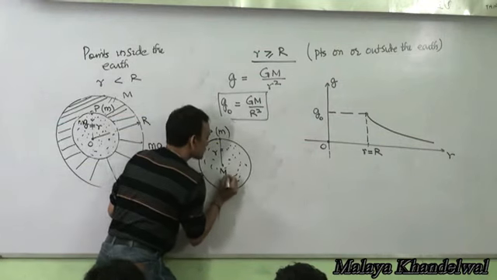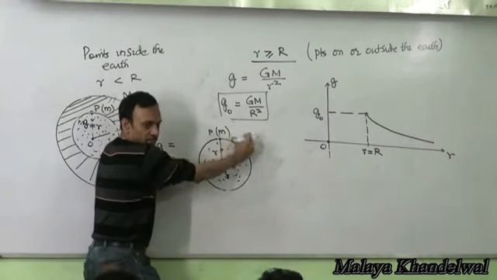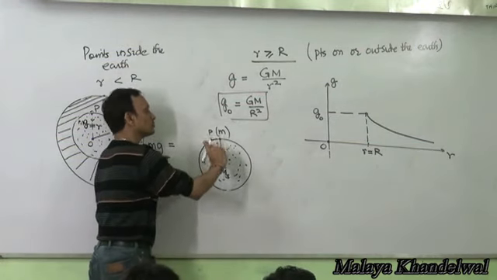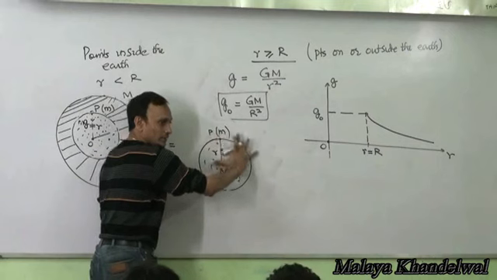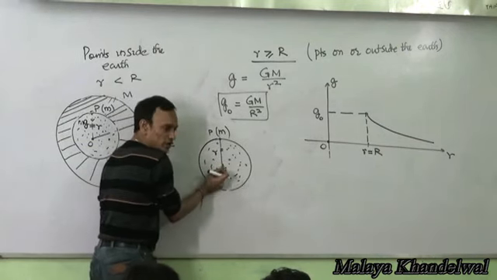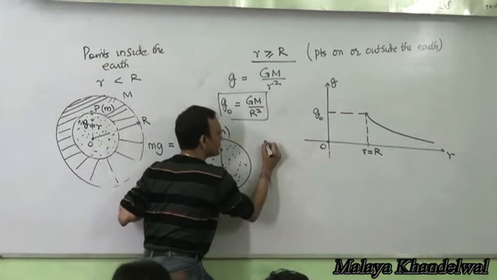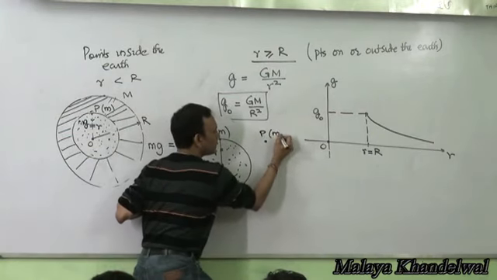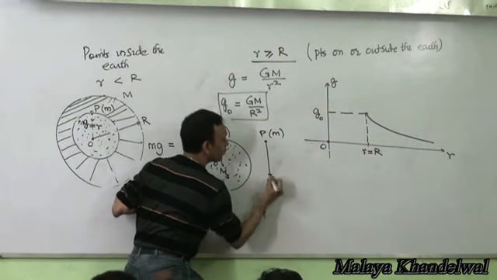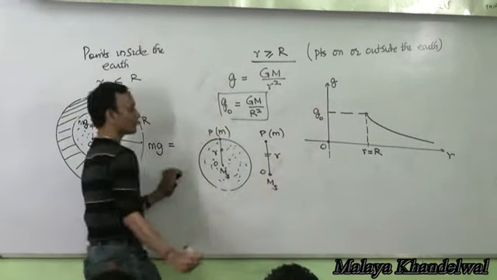if ms is the mass of this solid sphere, then in order to compute the force of interaction between small m and this mass ms, I can replace this entire mass ms by a point mass ms. That means eventually it's like m and ms placed at O, at a distance r.